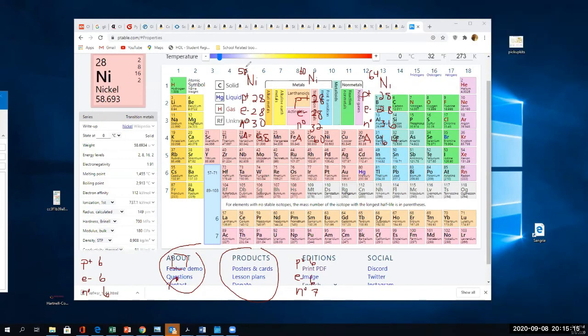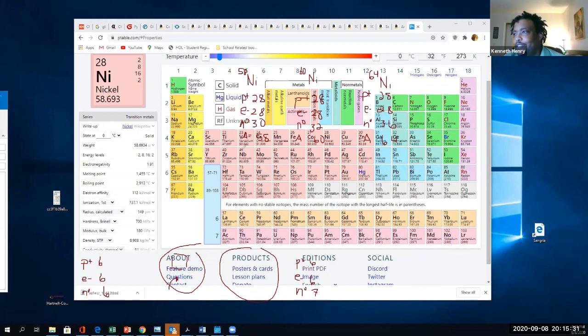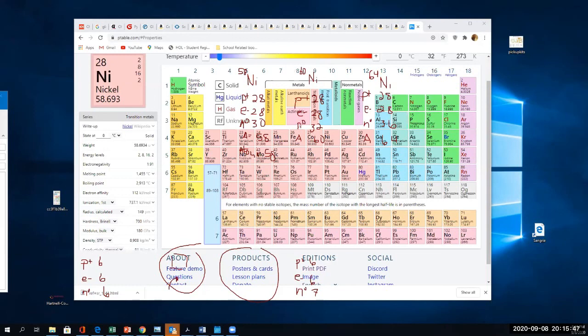For the first one, it's 58, so its atomic mass is going to be 58. What about this one? 60. And the last one must be 64. Piece of cake?